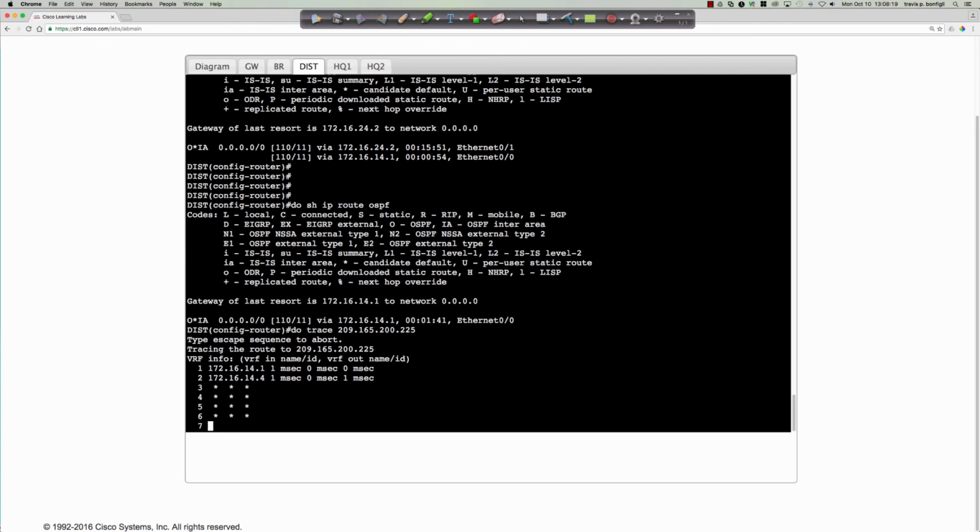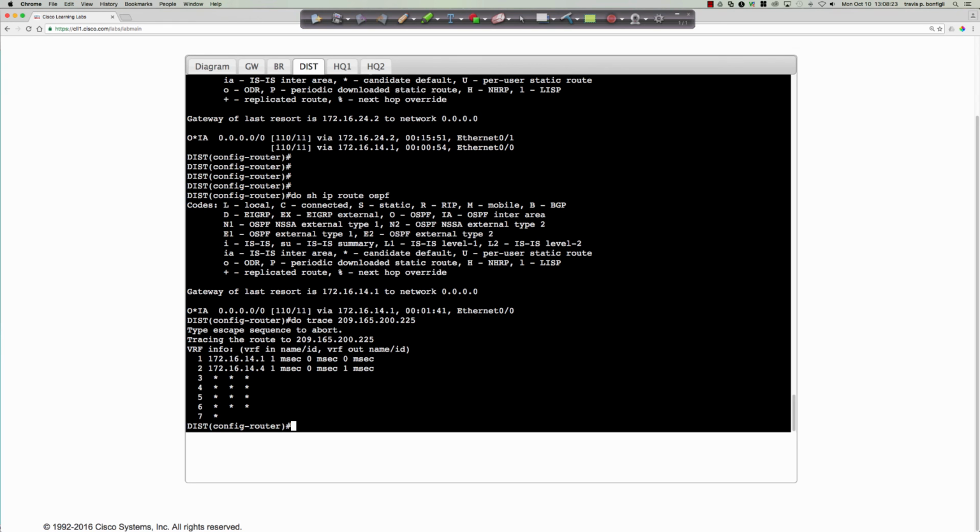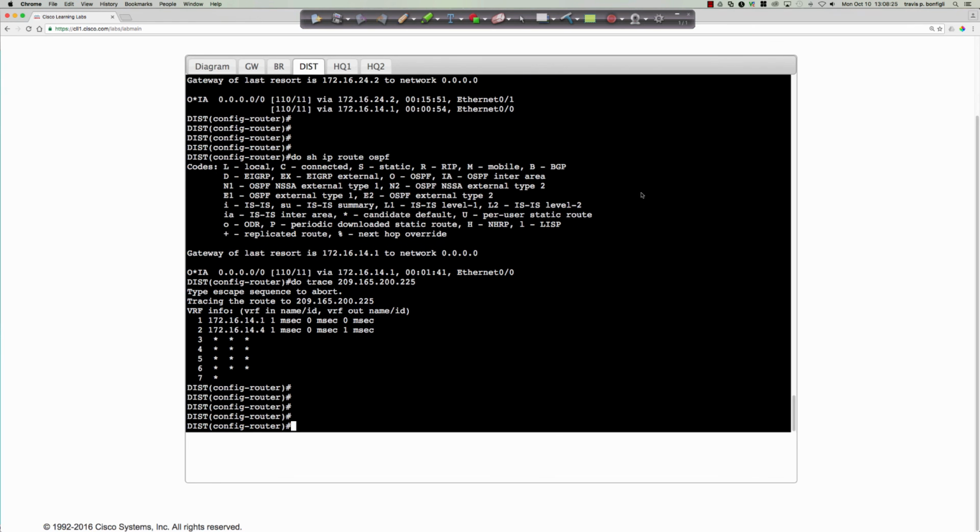So now we have a problem. We've got no connectivity, right? So be aware of that when performing your traffic engineering, especially when you're coming into and out of areas where you've got more than one ABR or more than one ASBR that you're using.